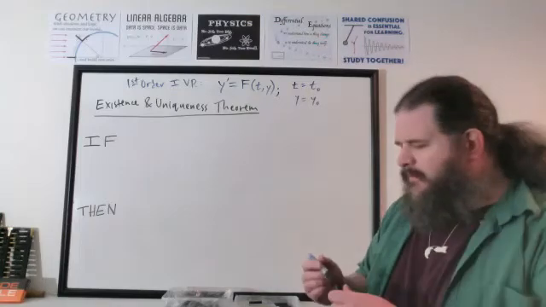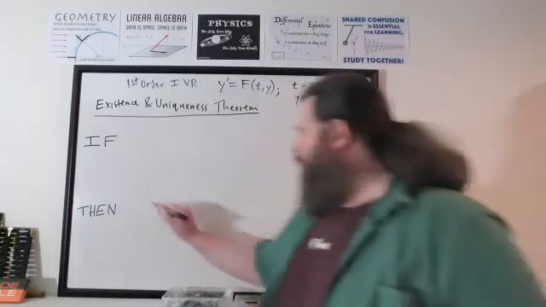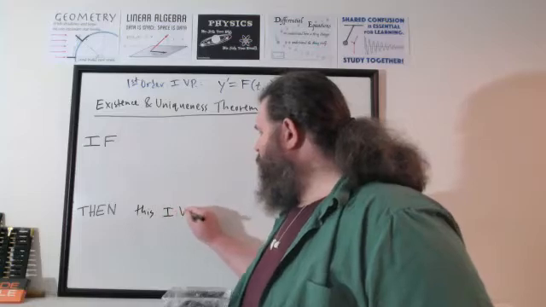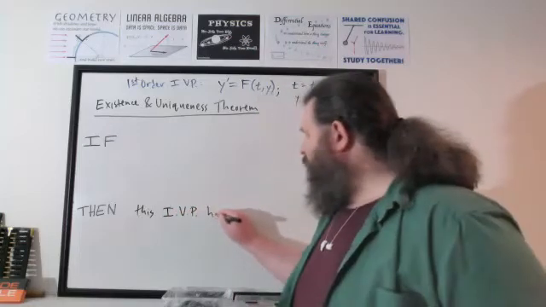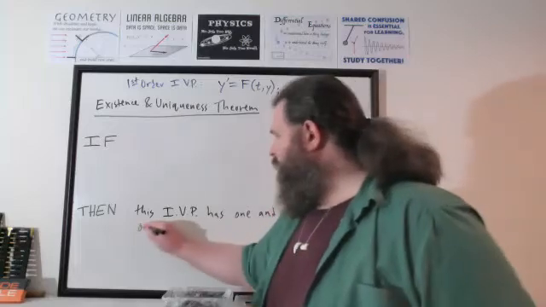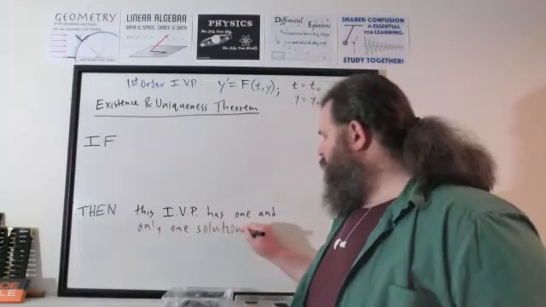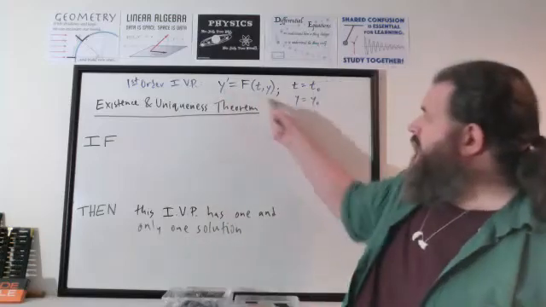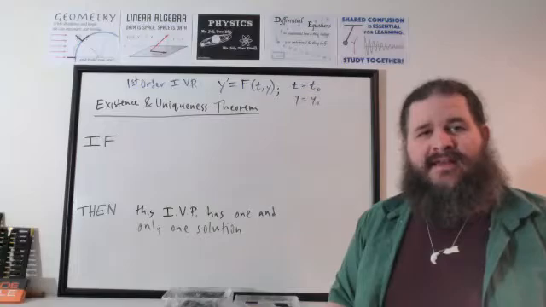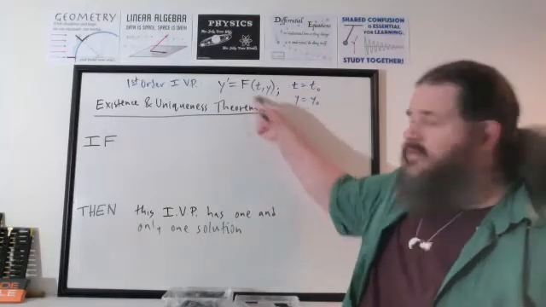So the then part essentially says, then this initial value problem has one and only one solution. That is this initial value problem here. The if part is the conditions that have to be met in order to guarantee that. And it turns out those conditions are basically that this function has to be continuous.